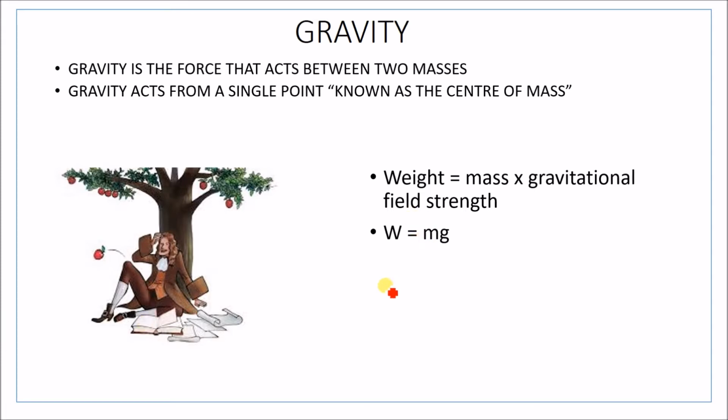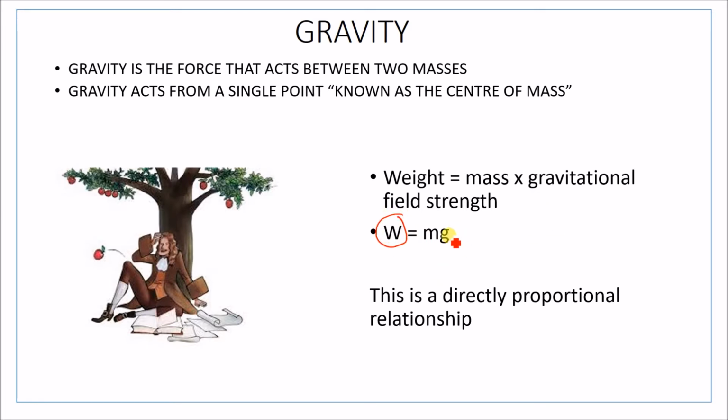Okay, so I said W is equal to m times g. This relationship is directly proportional. So what does that mean? Well, it means that for W, if I increase m, so say W is equal to 100, and that's equal to 20 times 5.